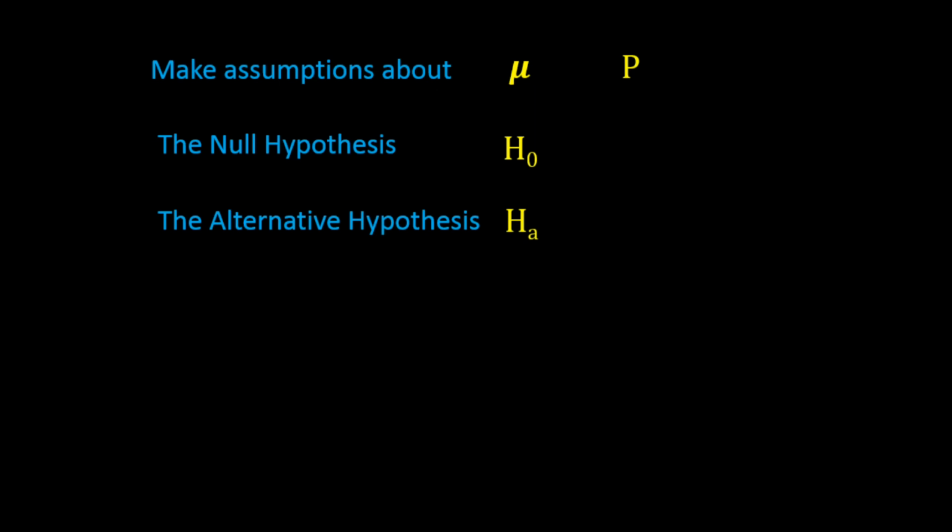In this case, instead of using just HA, we might have H subscript 1, H subscript 2, H subscript 3, and so on. But for the purposes of this tutorial, we will be concerned with only one null and one alternative hypothesis. So H naught and HA are sufficient for our purposes.